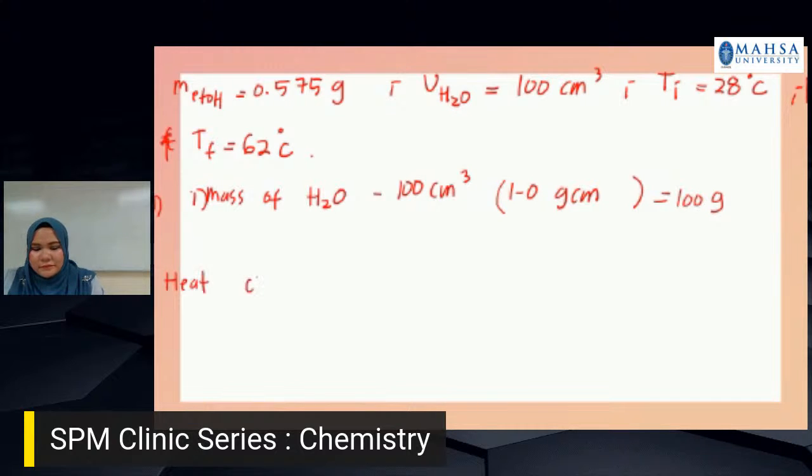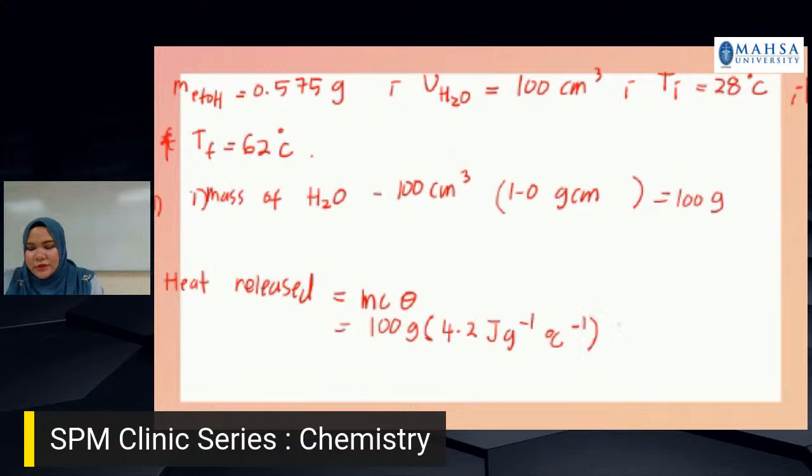So heat release equal to mc theta, which is m referred to the mass of water, which is 100 gram times the specific heat for water, according to the information given, 4.2, and don't forget the theta here will be the difference of the temperature that you have, which is delta T. So 62.0 minus 28.0 degrees Celsius.